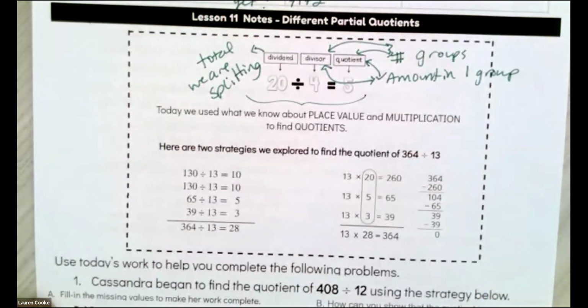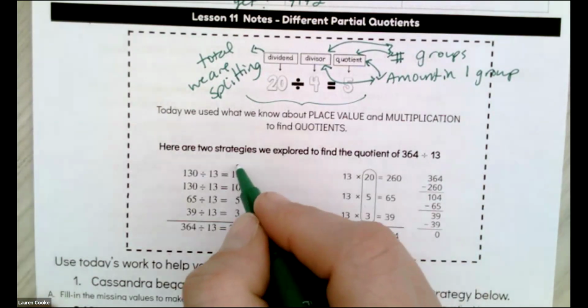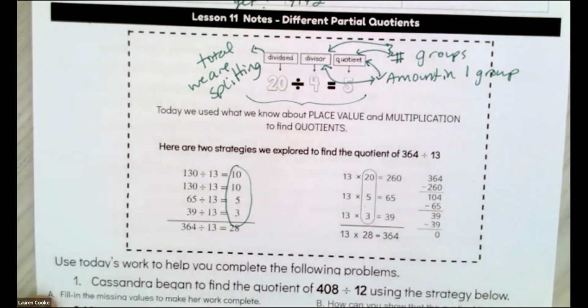All right. So we can split up the dividend lots of different ways. It doesn't have to just be one immediate number. We can find a series of times that the divisor goes into the dividend, and that's what's really great.